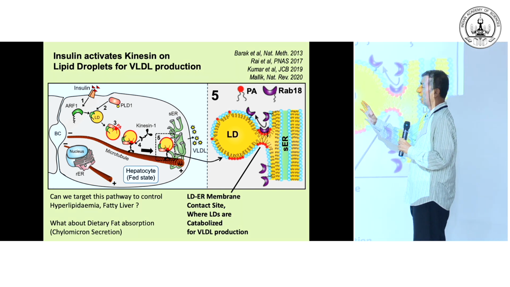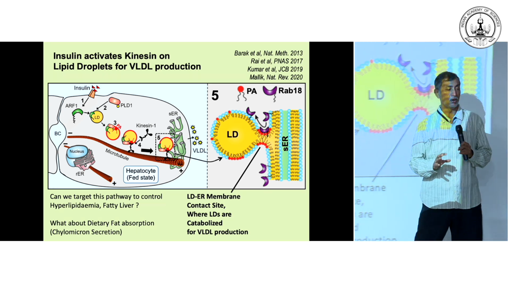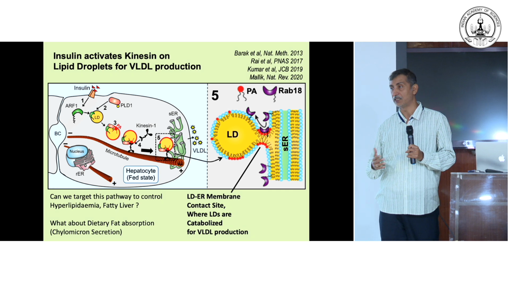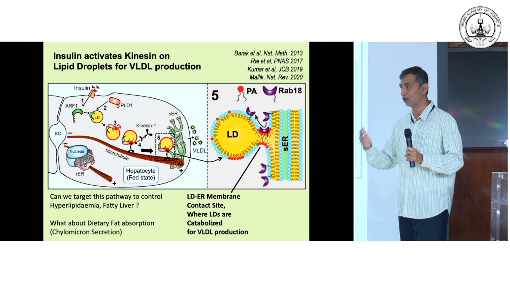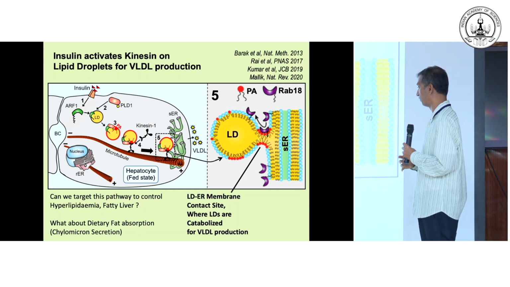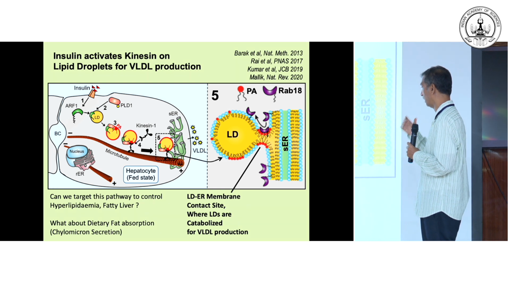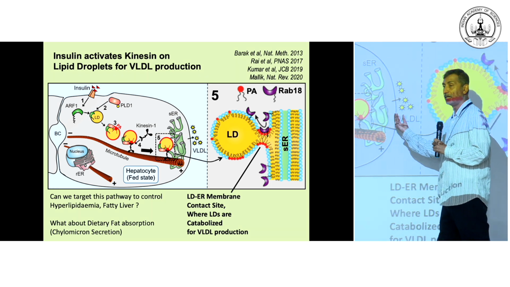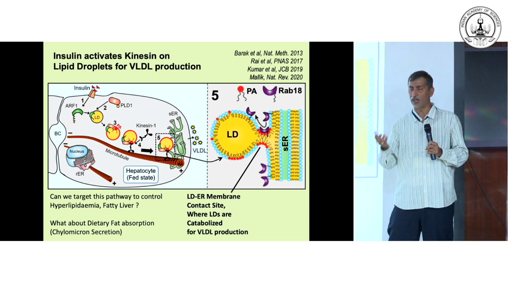Now, once we figured all this out, as you know, there are people with high serum triglycerides. This keeps coming up, which leads to high cholesterol and these kinds of ailments, dyslipidemia in general. So can we reduce the amount of triglycerides secreted out from the liver in some way? There are other ways of doing it.